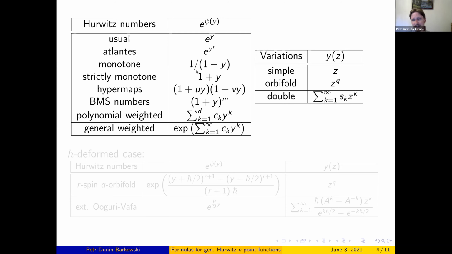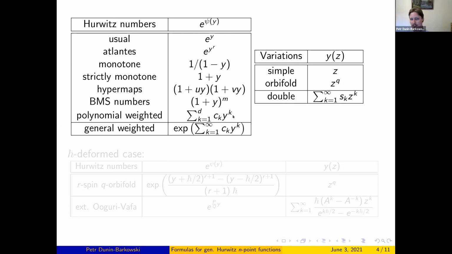Then, for instance, if you place psi of y being the logarithm of 1 over 1 minus y, and y equals z to the power q, then you get what's called q orbifold monotone Hurwitz numbers. Also, you can see from this table that you can get Bousquet-Mélou–Schaeffer numbers, for instance, by taking this for your psi.